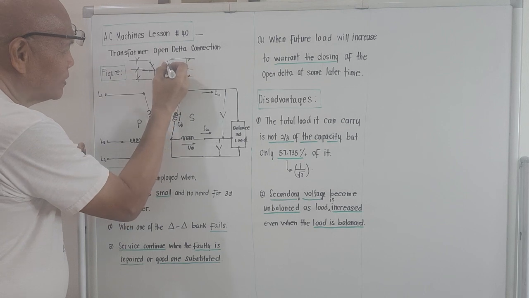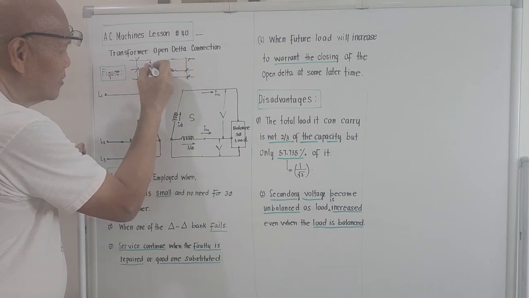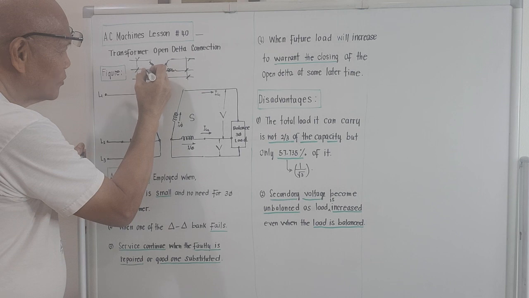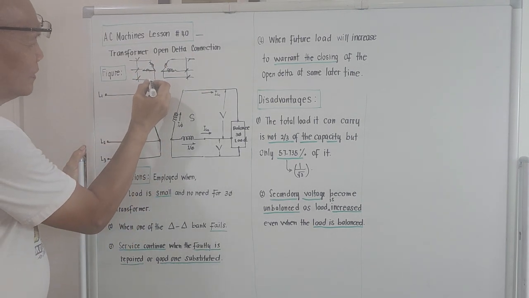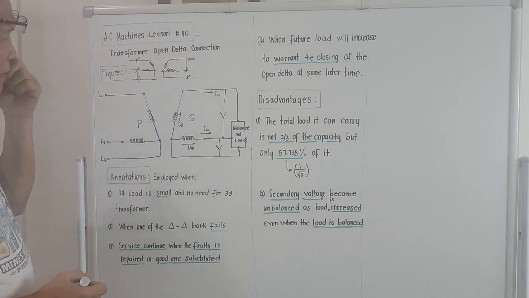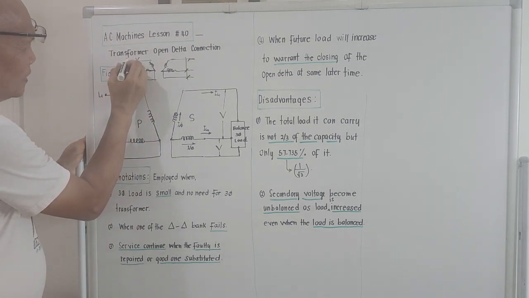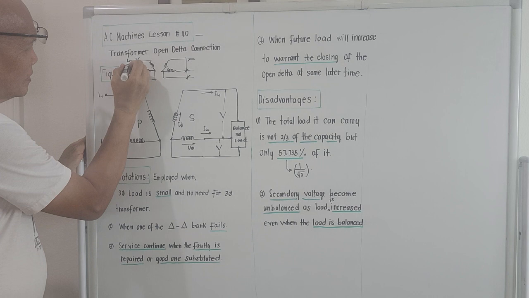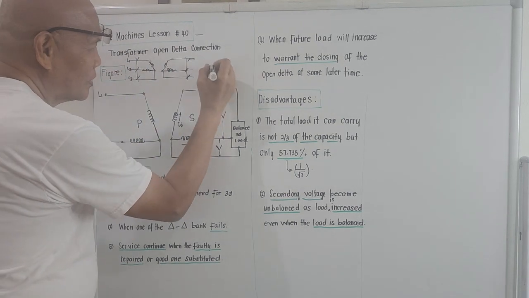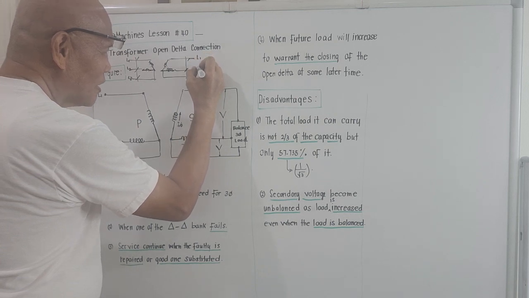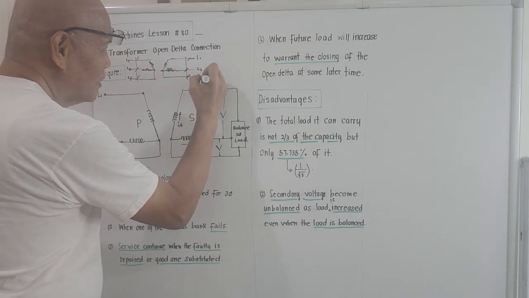This will be the windings. This will be the winding. This will be the winding. So if you try to notice it, this should be line number 1, line number 2, line number 3. On the secondary side, this should be line number 1 also, line number 2, and line number 3.